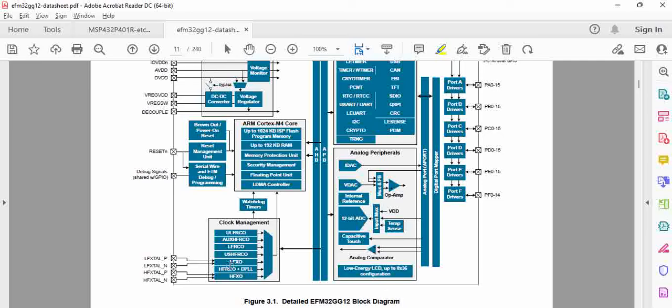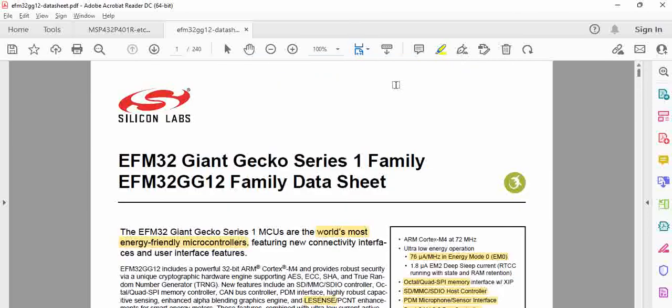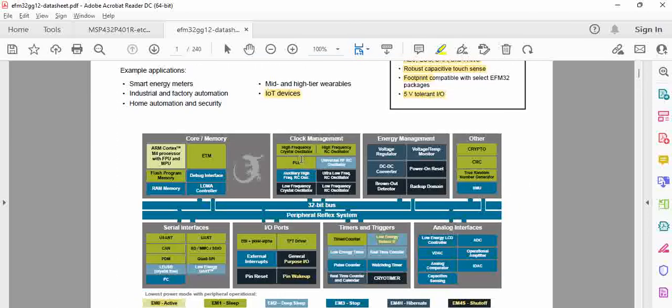As we said, there are several clock features that we have seen on the first page, where we talked about the high frequency crystal oscillator, high frequency RC oscillator, PLL, universal HFRC oscillator, and auxiliary frequency oscillators.